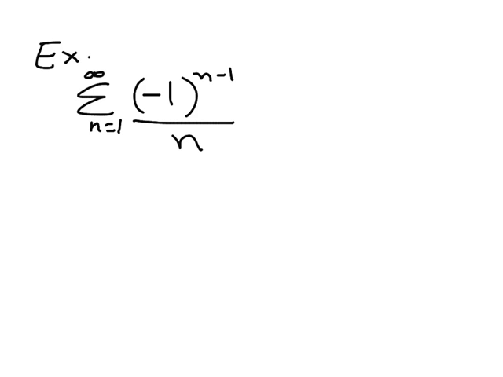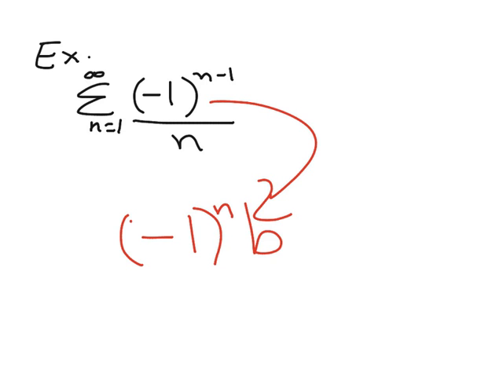We can have another case, for example, where this could be minus 1 to the n times b sub n, and our terms as a result will start with a negative number and then go on to a positive one.